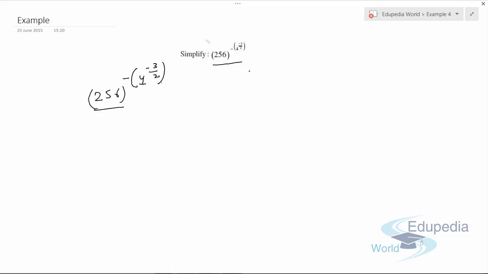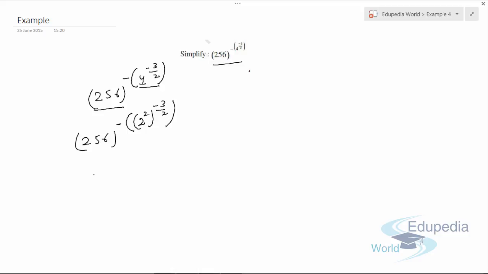So let's solve this part first, that 4 raised to power minus 3 by 2. It can be written like this: 256 raised to power minus 4 can be written as (2 square) raised to power minus 3 by 2, bracket close.